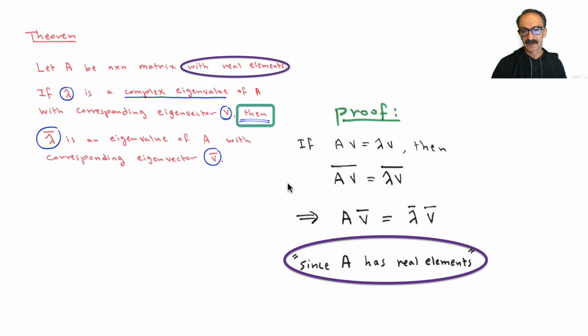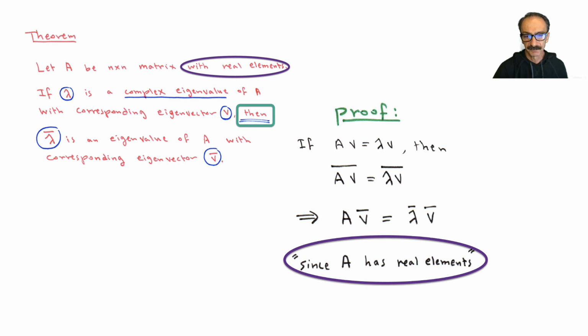What this says is, this v is the vector that corresponds to this lambda. We already mentioned that complex eigenvalues come in conjugates, so lambda 1 and lambda 2 will be conjugates. So if this v corresponds to this lambda, the v that corresponds to the conjugate of lambda will be the conjugate of the original vector.